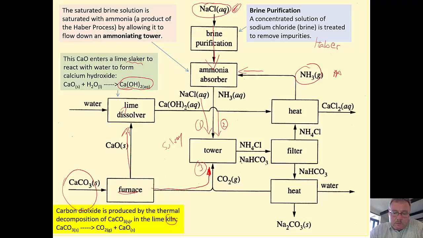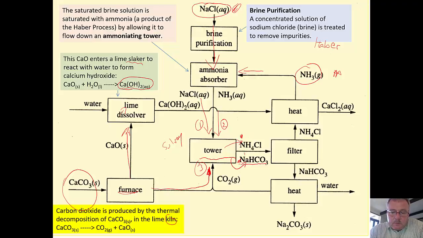At the lower levels, these two salts form. Sodium hydrogen carbonate, or sodium bicarbonate, is produced, and it's cooled in the lower parts of the tower to form a precipitate. The other side, the ammonium chloride, does not precipitate.